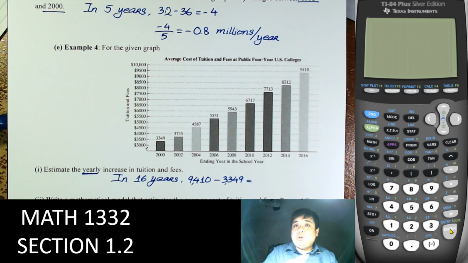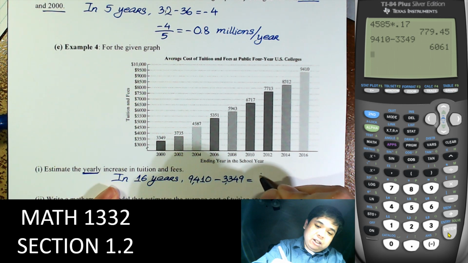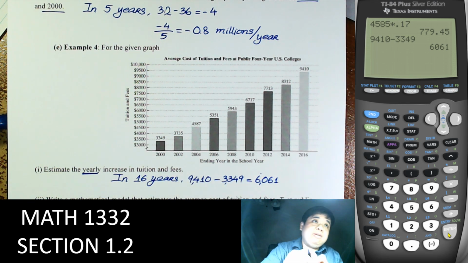In this case, I actually just use the calculator here. 9,410 minus 3,349. So you have 6,061. Now if I divide this by 16, you have about that much.